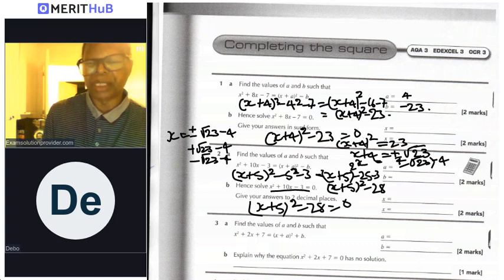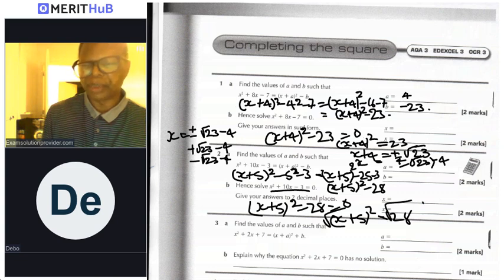Then we add 28 to both sides, so x plus 5 squared equals 28. Then we take the square root of both sides, so x plus 5 equals plus minus the square root of 28. And then x is going to be equal to plus minus the square root of 25 minus 5.